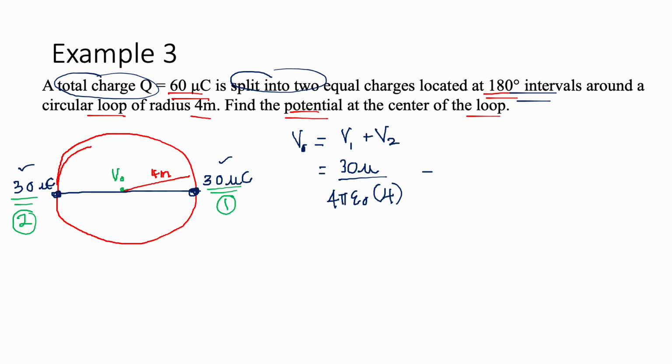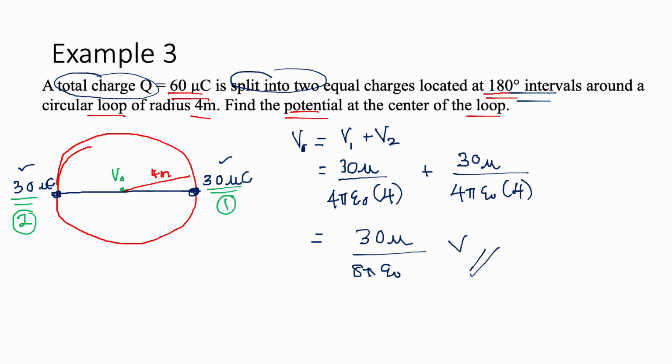Plus another one, 30 micro as well, over 4 pi epsilon naught, and the distance is given as 4 as well. So your total is going to be 30 micro over 8 pi epsilon naught volts.